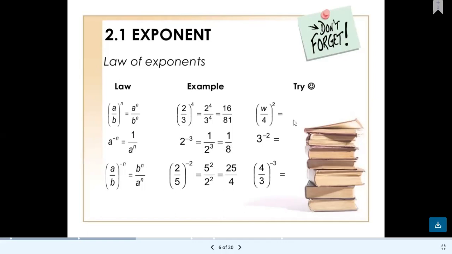So how about this one? 3 raised to negative 2.